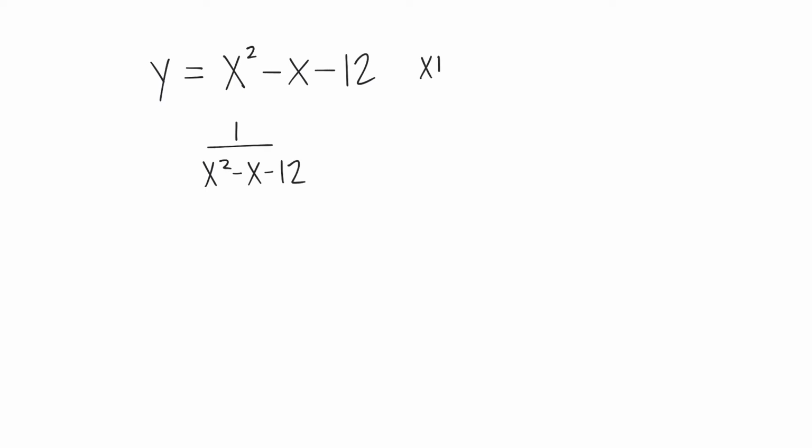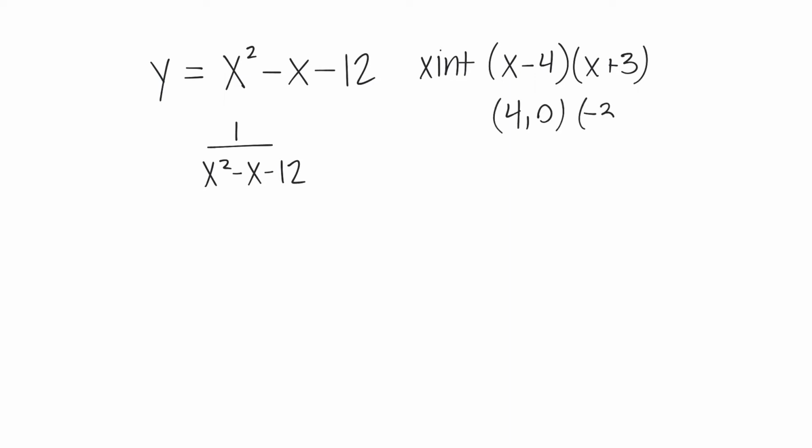To look for the x-intercepts of my original function, I need to factor this into x minus 4 times x plus 3, and I'm going to find that my x-intercepts are at (4, 0) and (negative 3, 0). That means I'm also going to have vertical asymptotes when x is 4 and when x is negative 3, and a horizontal asymptote where y is 0.